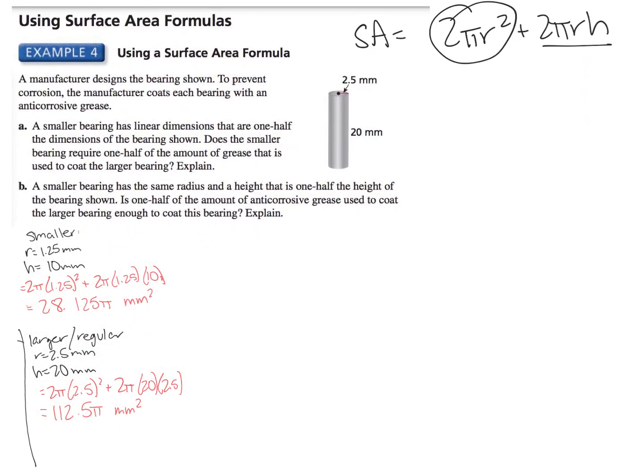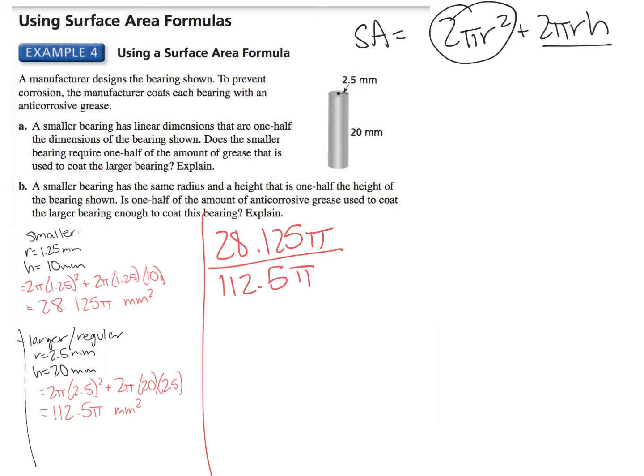So we've got 28.125 pi over 112.5 pi. This is why I said the pi doesn't matter. The pi's will cancel, and you will get 1/4. So the smaller bearing takes up 1/4 the amount of grease because it has 1/4 the surface area.